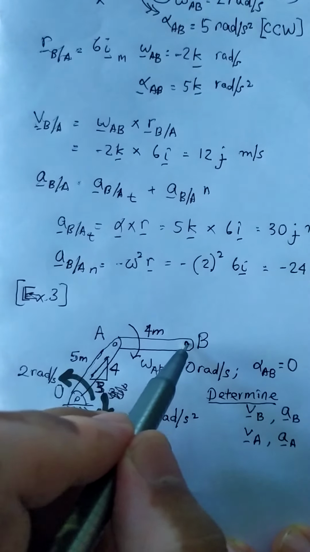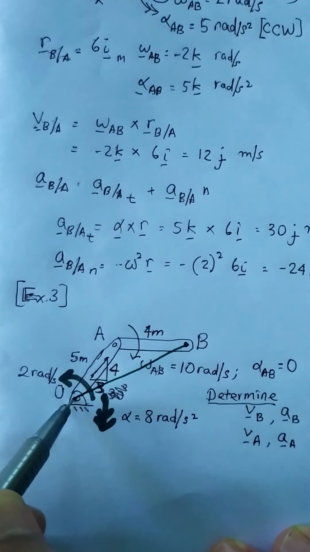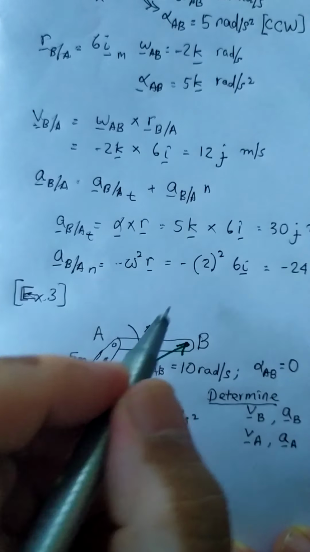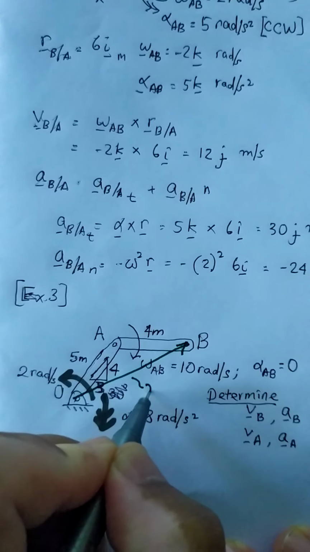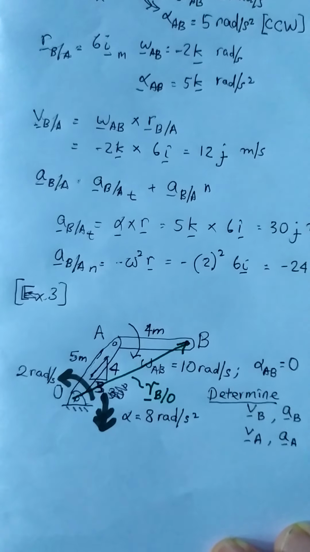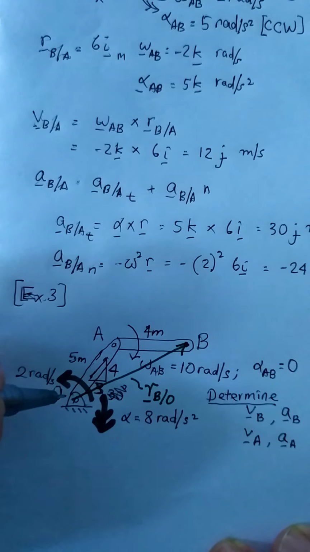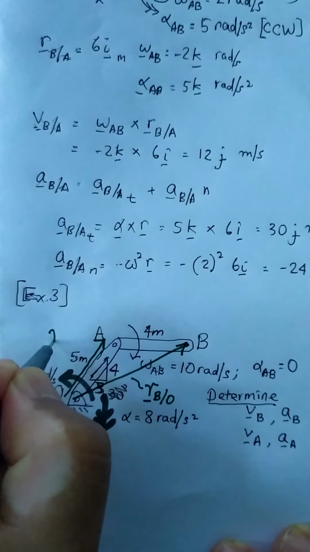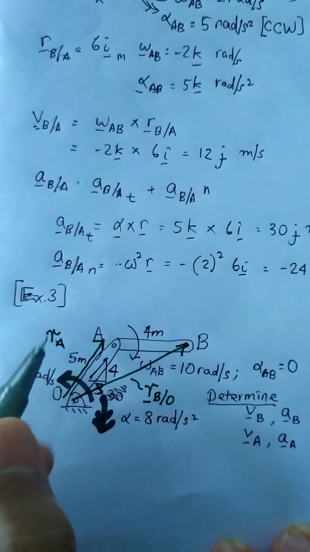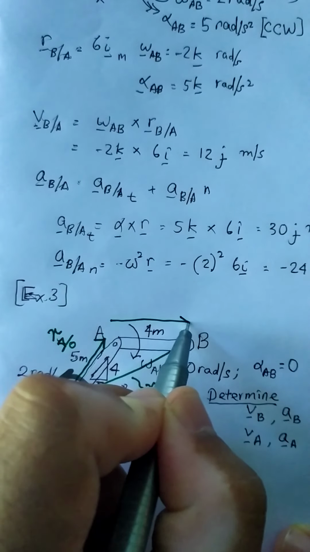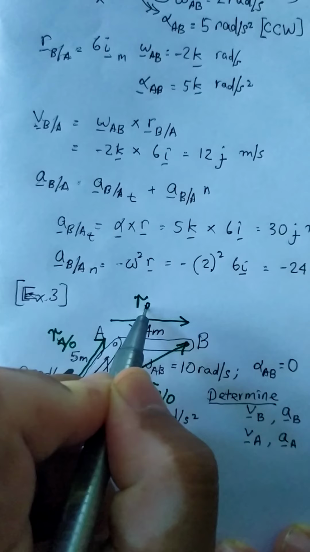So this is the position vector B relative to O. And you can now also easily show that this is position vector A relative to O. And of course, this is the position vector B relative to A.